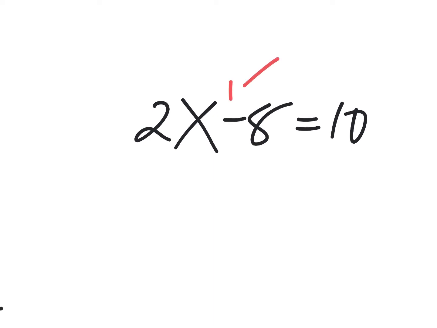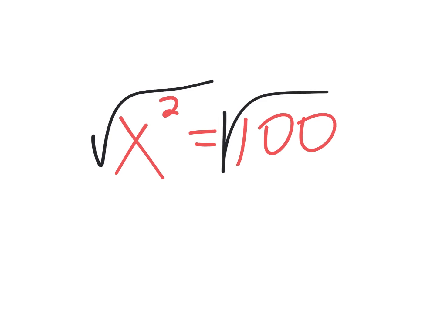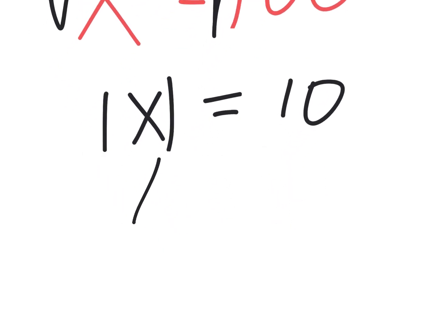Because this has a power of 1. When we solve today's, they're all going to have a power of 2 on them. Take a wild guess at what that means. 2 answers. Say it was this. Well, you'd go square root, and you get 2 answers. Why? Because this is absolute value, and the square root of 100 is 10. And then you get 2 answers because of that absolute value. See what I mean?